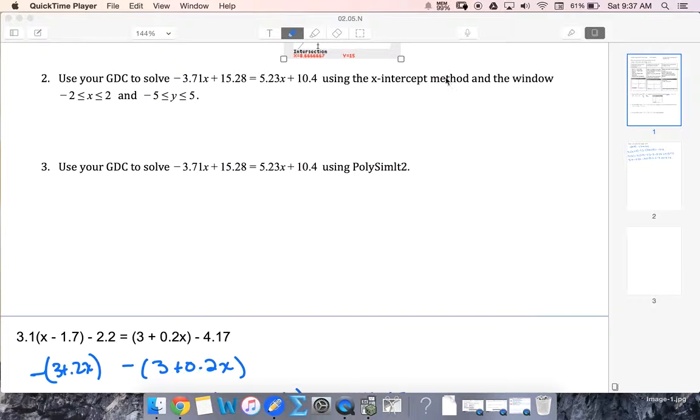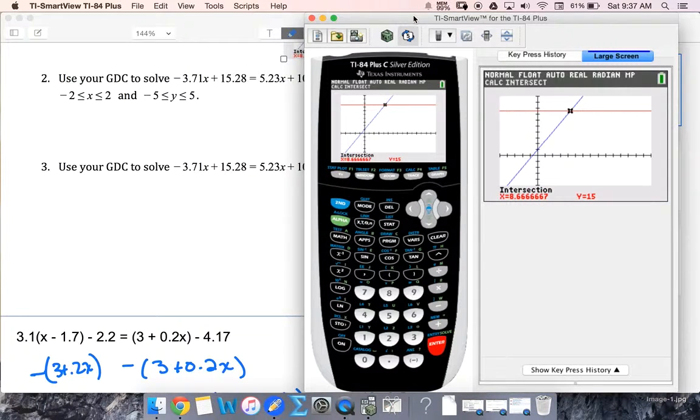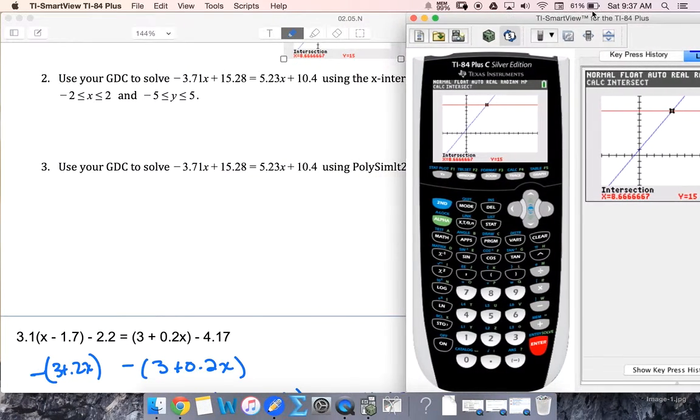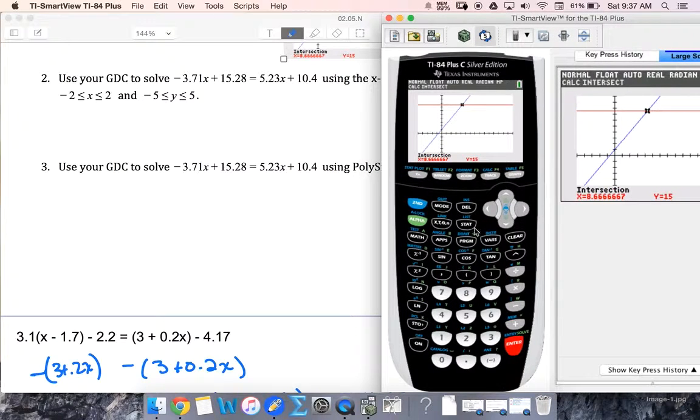This one says to use the x-intercept method, so that means I need to make my right-hand side equal to 0. So I'm going to come in and put in the first equation for y1.